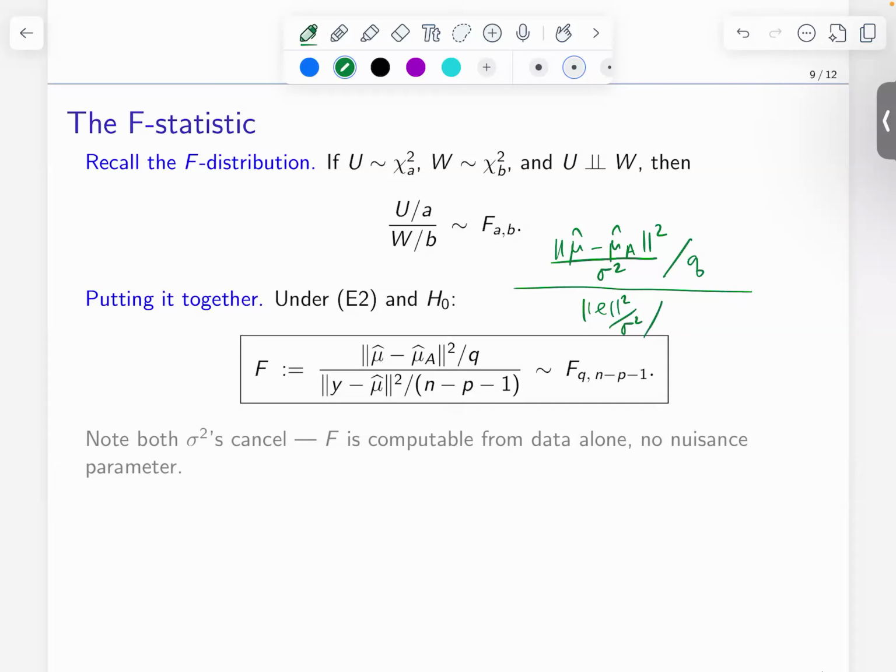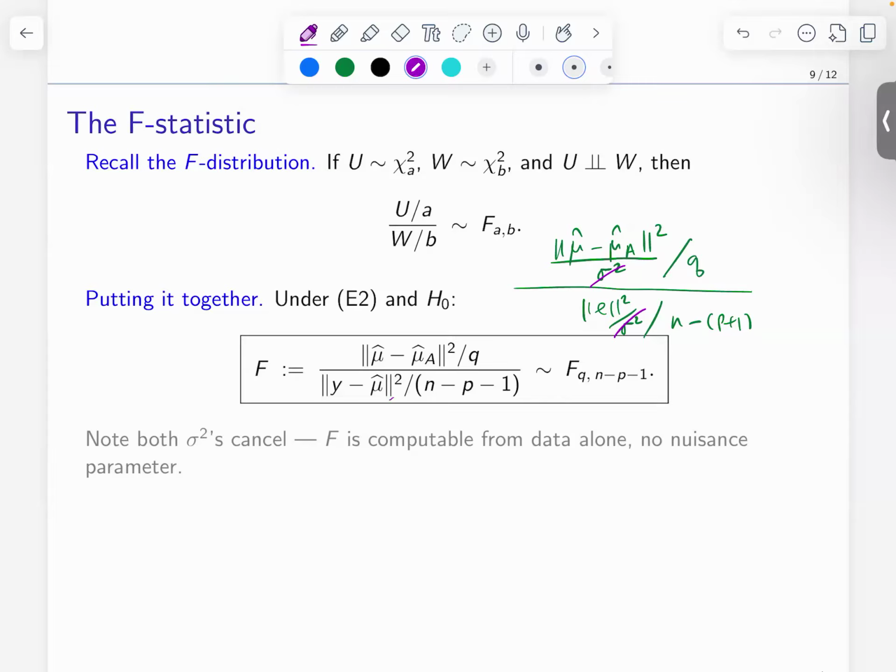And if I divide that by its degrees of freedom, which is n minus p minus 1, then this ratio would have an F distribution. And in this ratio, you can see the sigmas would cancel out. And then I'll leave the degrees of freedom there.